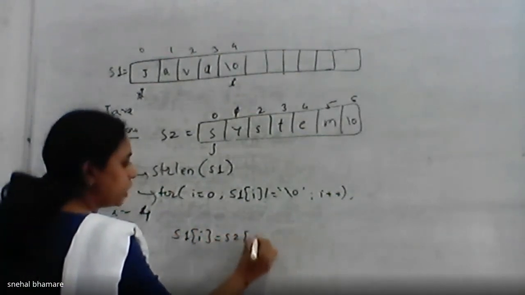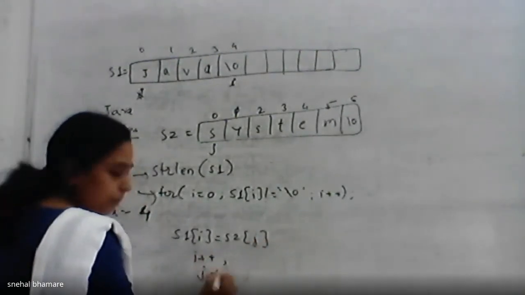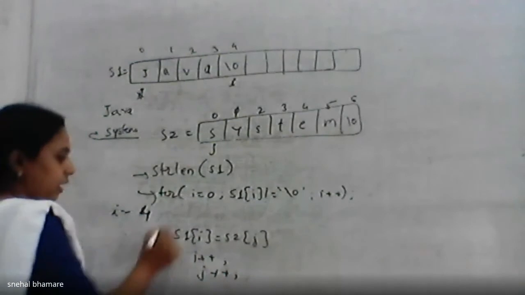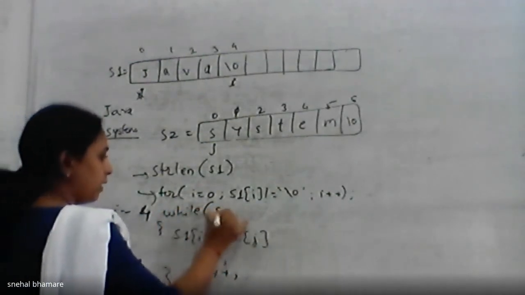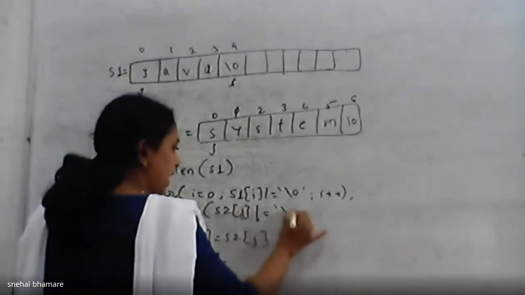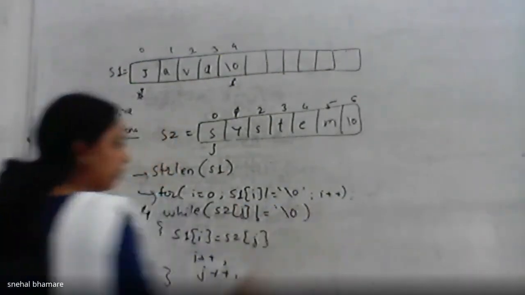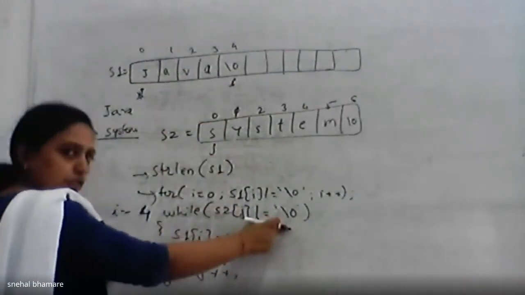So now, S1 of i is equal to S2 of j, i plus plus, j plus plus. I have to do these two things while S2 of j is not equal to \0. So check the condition: S2 of j, is it equal to \0?